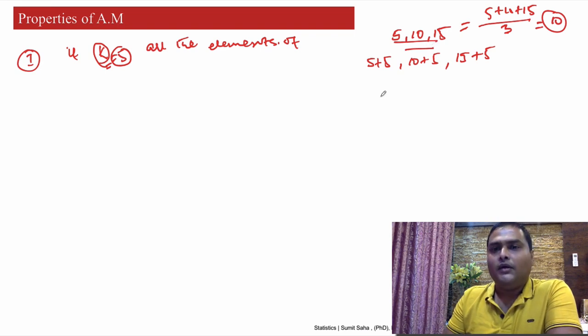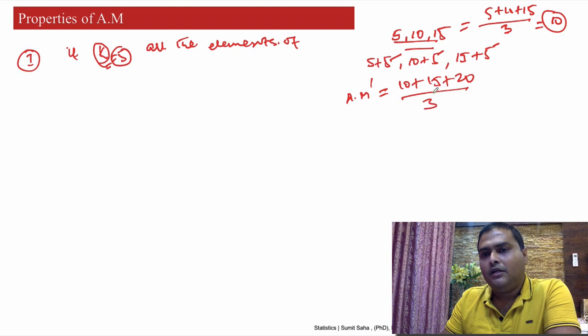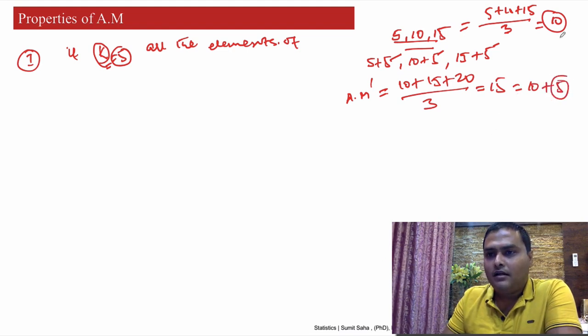Clear? So here I am adding 5 with each and every element. In this case, what will be the final arithmetic mean? 10 plus 15 plus 20 divided by 3. So 10 plus 15 is 25, 25 plus 20 is 45, divided by 3 means 15. And 15 is nothing but 10 plus 5, where 5 is the k.